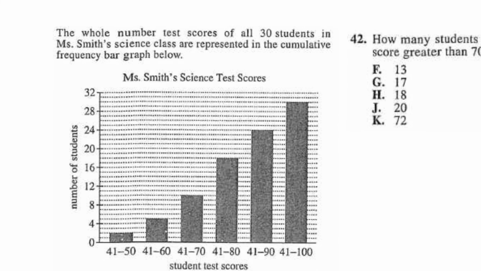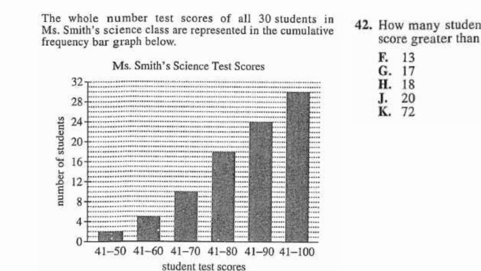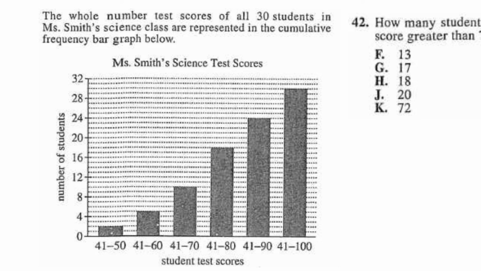So as we take a look at this, I'm going to talk about the graph and a phrase that you may not be familiar with. It says the whole number test scores for all 30 students in Miss Smith's class are represented, and here's the word, a cumulative frequency bar on the graph below.